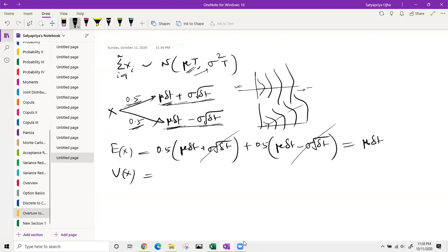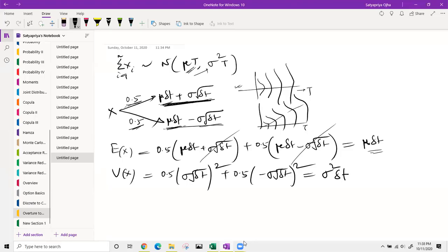This is time. All right, so variance would be 0.5 times this value minus mean. Mean is mu delta t, so only sigma square root of delta t squared, 0.5 times minus sigma square root of delta t squared, gives sigma square delta t. So the summation will follow a normal distribution with mean mu t, variance sigma square t. Clear? Okay.